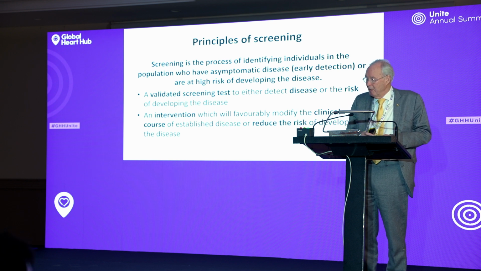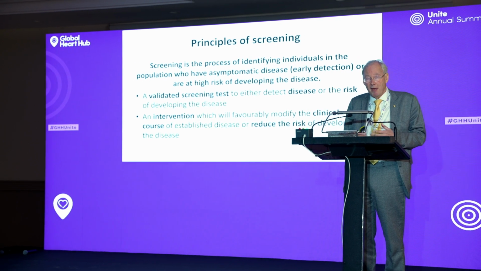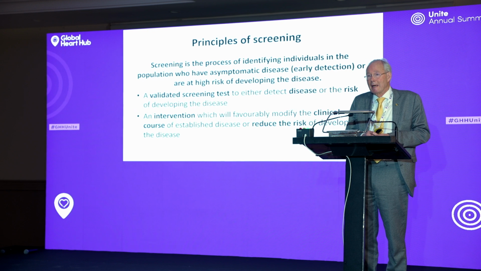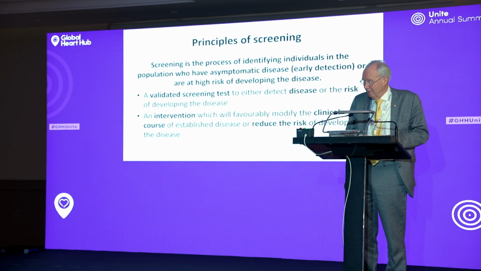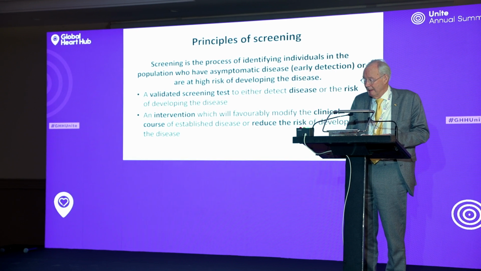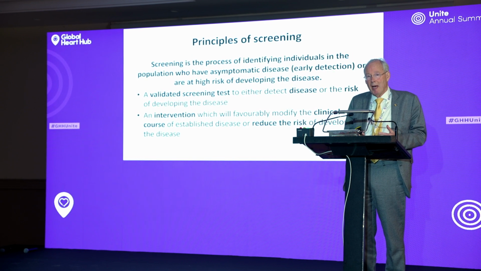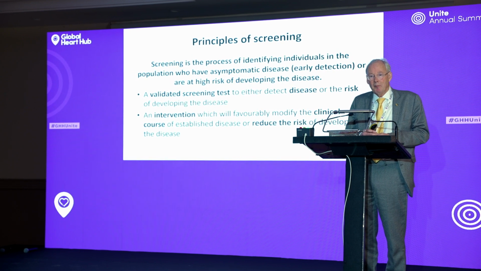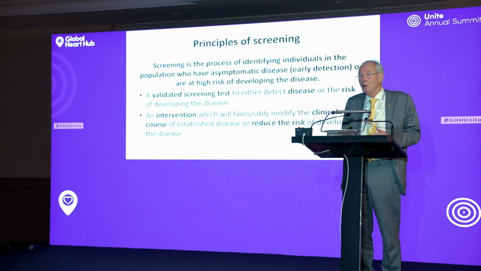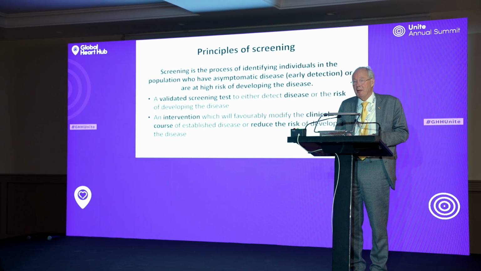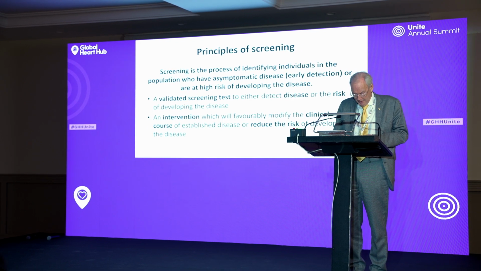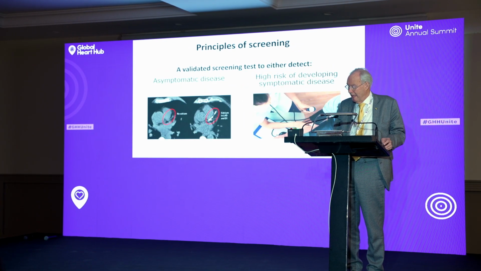And secondly, you need an intervention which will favorably modify the course of the disease or reduce the risk of developing the disease. And we're talking here about either detecting asymptomatic disease or detecting risk of developing the disease, and there is a difference between the two.